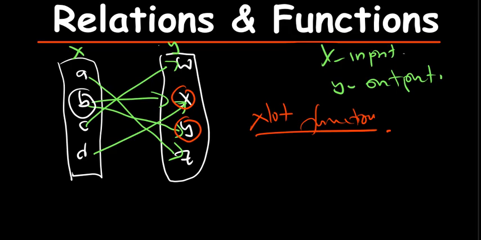So I can give an example. The best example I can give you is to think of x as maybe a marriage. Let's say there is a wife and a husband. You know that, in other cultures, it's possible that a husband can have more than one wife.